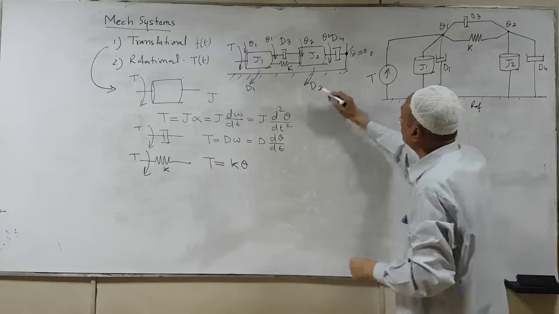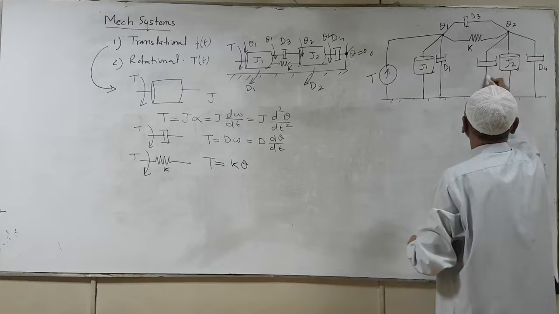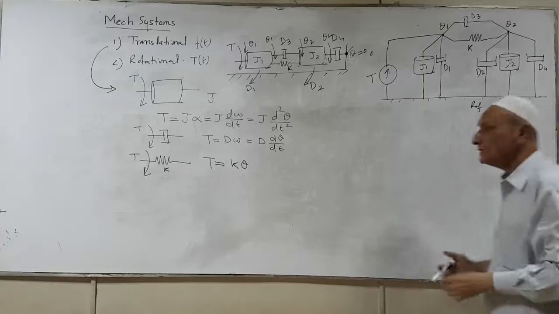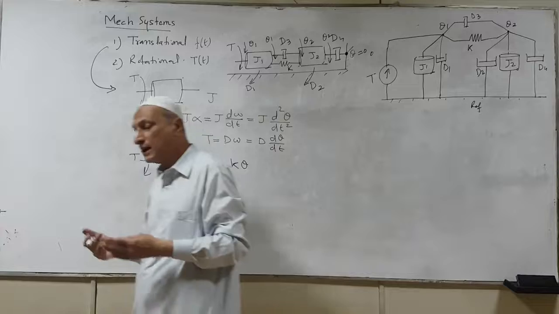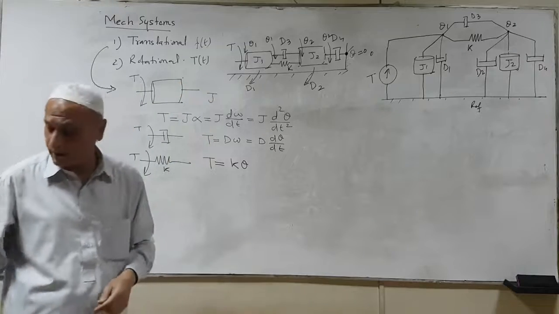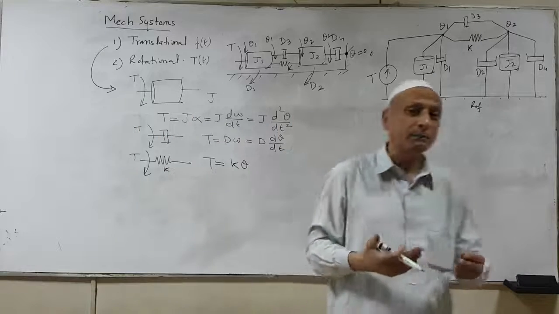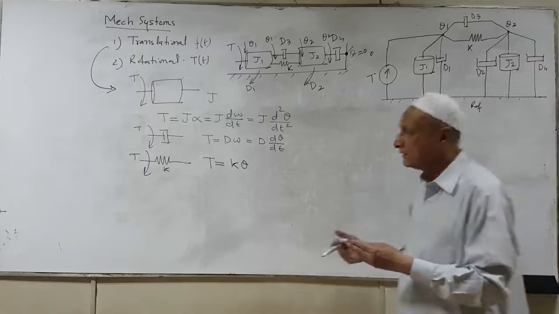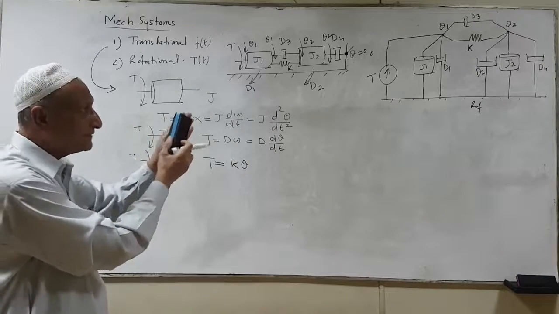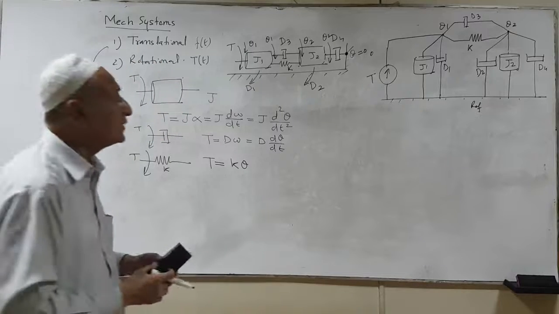The rolling friction with J2 is in parallel with J2, between that particular node and the reference. So this is D2. That completes the equivalent mechanical network of the situation shown over here. So the pictorial view is in front of you. Try to understand what happens when we apply a torque, and then the same picture is conveyed onto that equivalent diagram for the formation of equations.